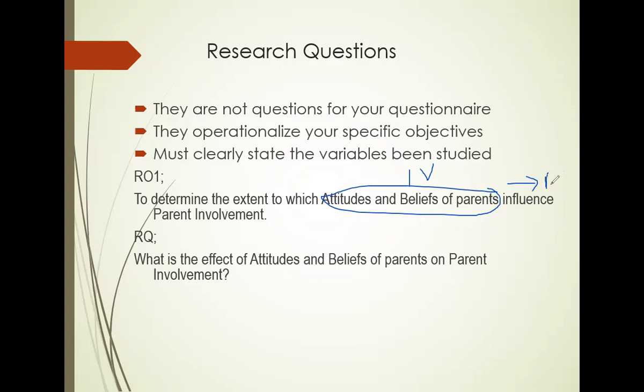Parental involvement, which is your dependent variable. Now look at how the research question has been posed. What is the effect of attitudes and beliefs, so that is the IV, on PI? So in other words, if I answer this question, then I have addressed the objective.